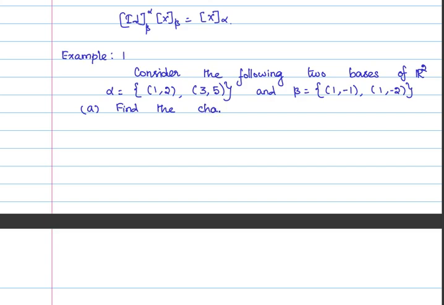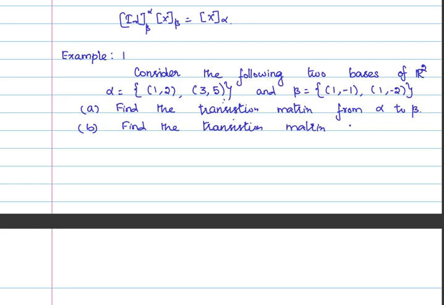The question is: find the transition matrix from alpha to beta, and second, find the transition matrix from beta to alpha.